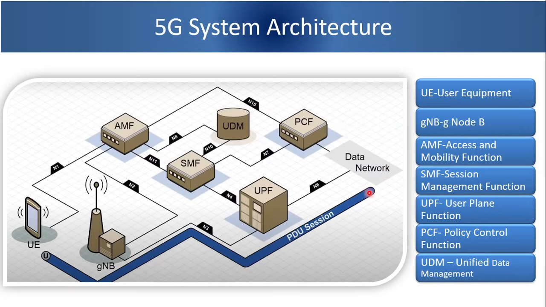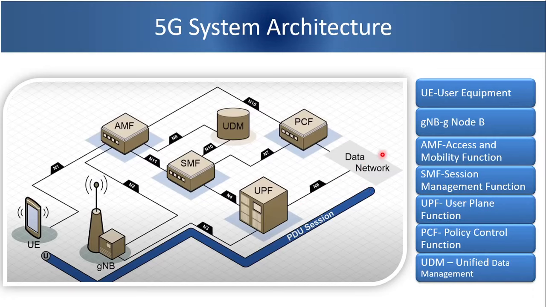So as we had discussed in our earlier sessions, in 5G it is called data network, in 4G it was packet data network. So in 4G the data was always a packet data network, but in 5G it could be a packet data network, it could be Ethernet, it could be unstructured or structured data flowing onto this.